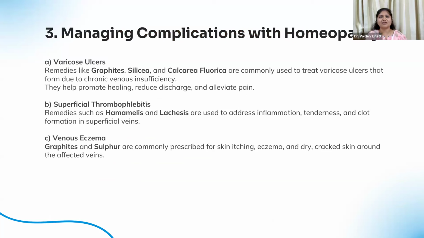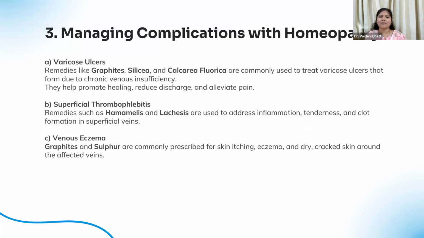So how can we manage the complications with homeopathy? We have a lot of medicines to manage the various complications developed due to varicosity, like varicose ulcers. We can indicate Graphites, Silicea, Calcarea fluorica, as we already know the indications of these remedies that can help promote healing, reduce discharges and relieve the pain.